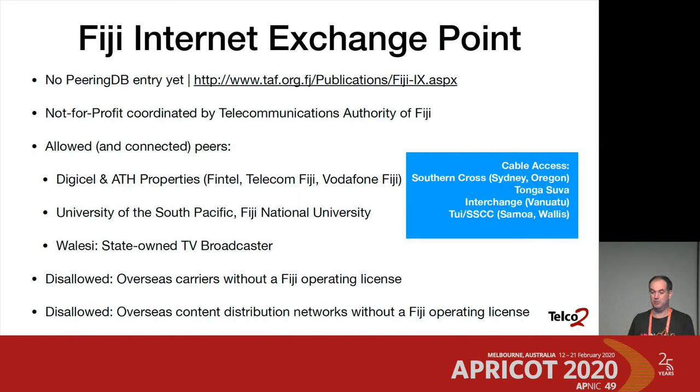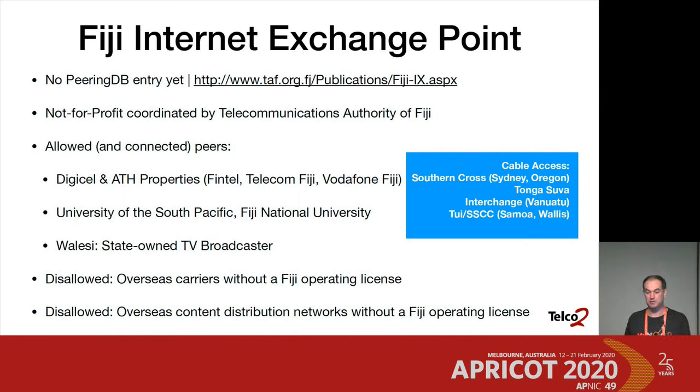At the moment, only Fijian licensed operators and companies are allowed to connect and peer at the Fiji IX. And that makes things difficult for a number of organizations I know who want to peer in Fiji. But the current state is Digicel and 3 operators that are all owned by one company called Amalgamated Telecommunications Holdings, or ATH.